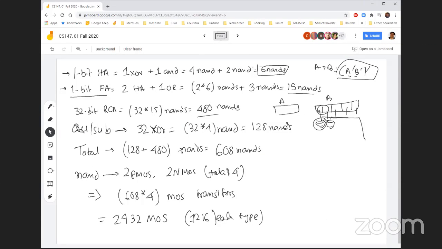Okay, now let's remember this number, this many MOS. Now, let me give you some interesting insight with numbers. Let's say each MOS is in 28 nanometer technology.